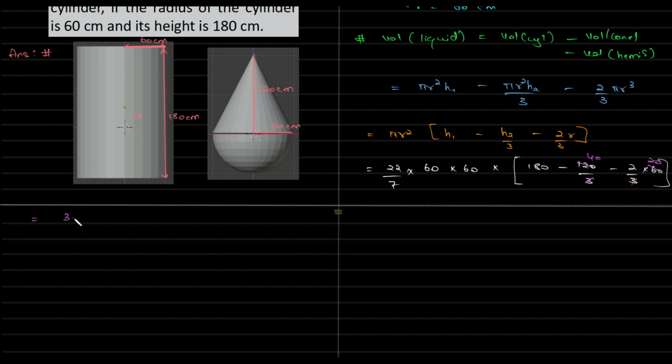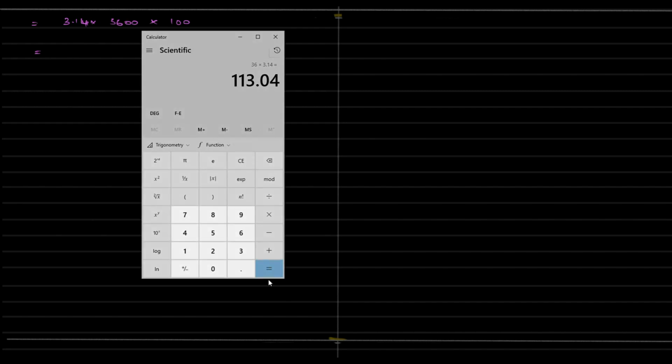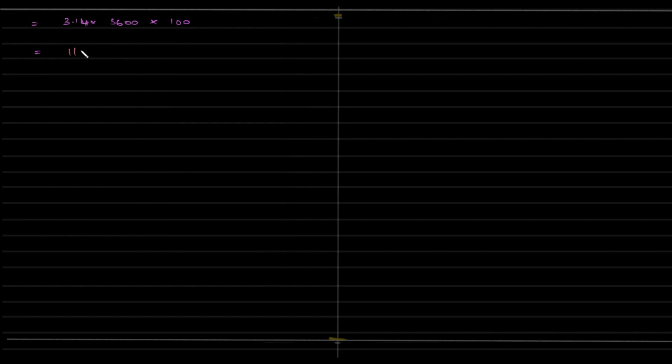So this is 3.14 because we can't cancel anything. So 3600 into 100, right? Now we have to multiply. I've already done it. 336 into 3.14 is 113.04 into how many zeros? 1, 2, 3, 4 zeros.